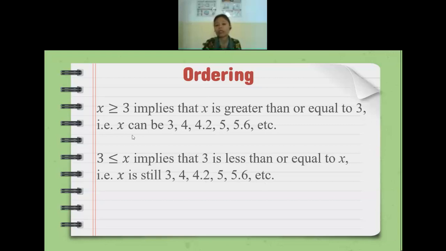From here we can notice that when I have x is bigger or equal 3 and 3 is less than or equal x, they are actually equal. They are the same inequality. Just when we write the x and 3 in different directions, the x on the left side or the 3 on the left side, the inequality sign will also flip. Is there anyone having difficulties, or maybe my explanation is too confusing?